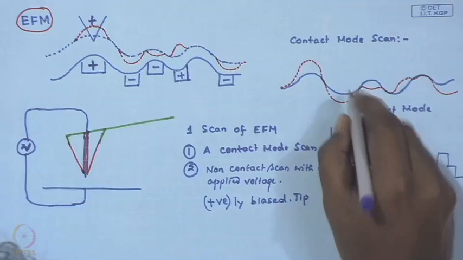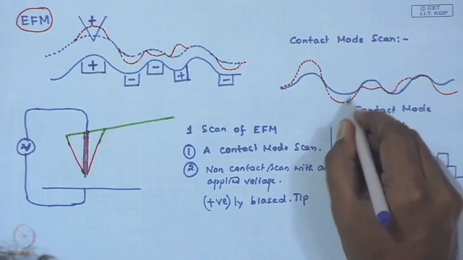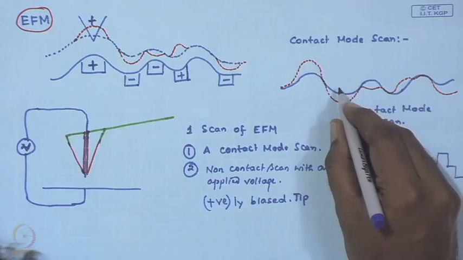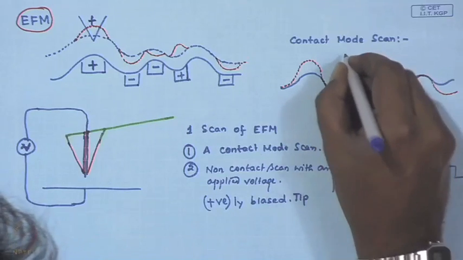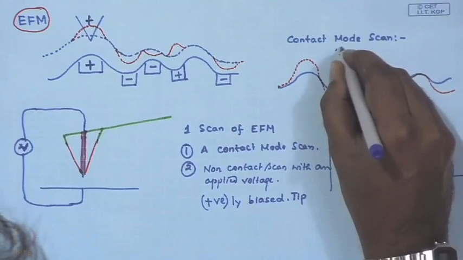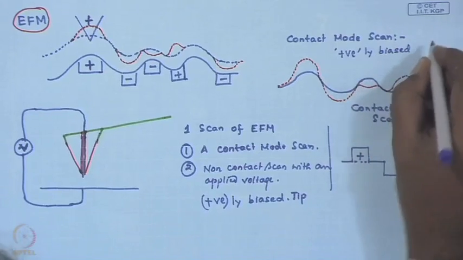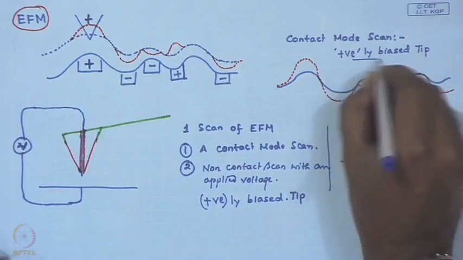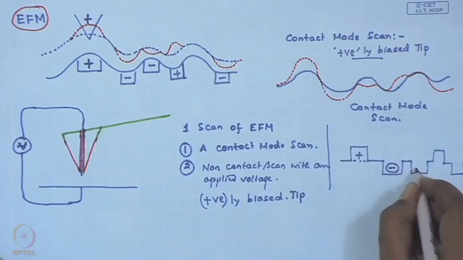In contrast, over this particular area, you see some sort of additional attraction between the surface and the tip, and since you have a positively biased tip, this is only possible if you have a negatively charged domain on the surface.